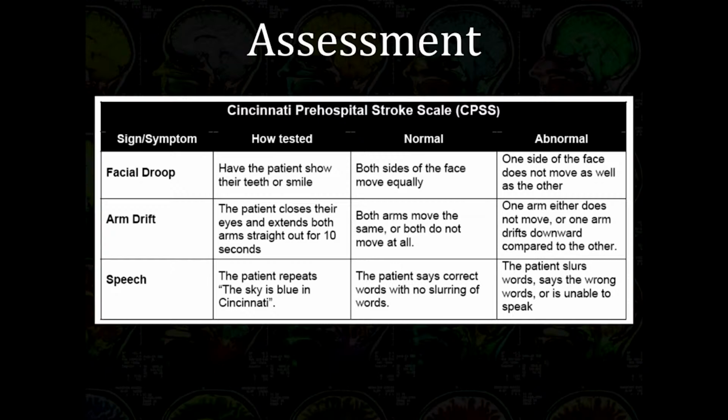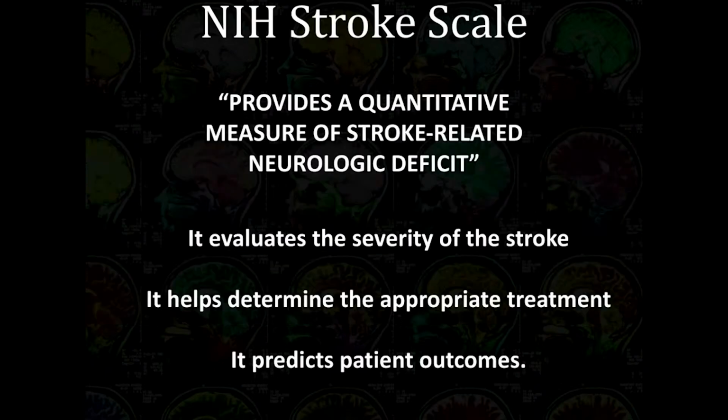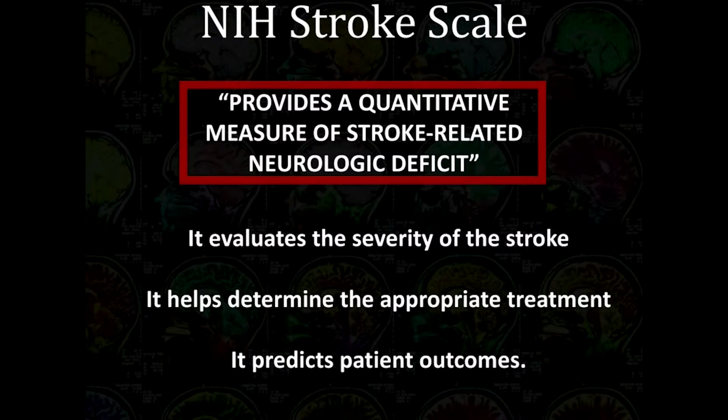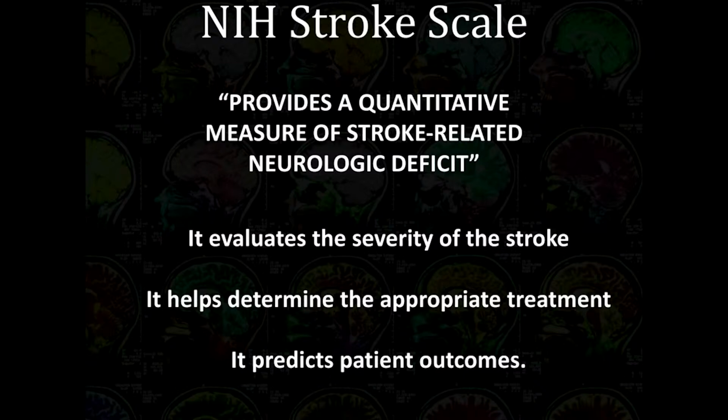But we know that we need a more extensive assessment once we're in the hospital setting, and that's where we look at what's called the NIH Stroke Scale. It's all about quantitative measurements of stroke-related neurological deficit. So it's a great evaluation for severity. It looks at the best approach for treatment, and it's a great predictor of outcomes.